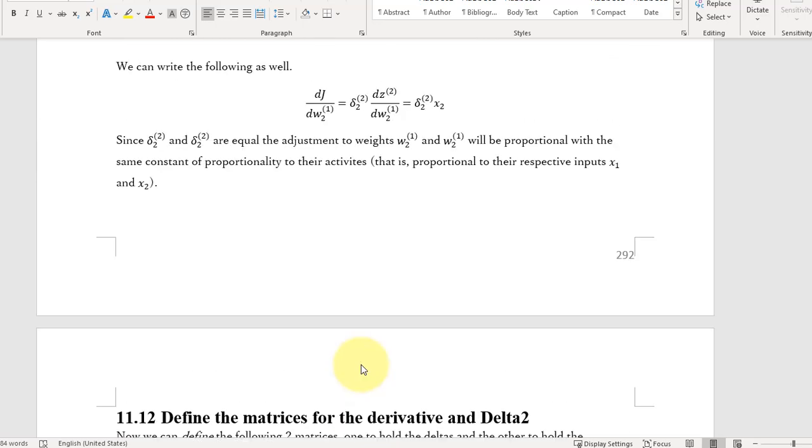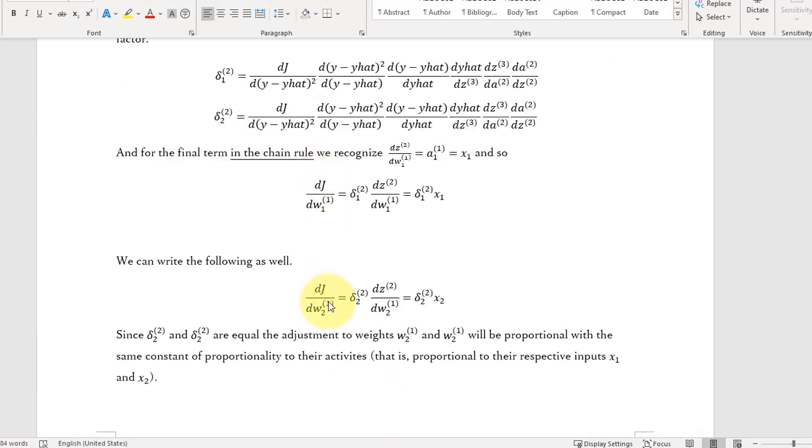If we want to express these two equations, they have a very similar form. We can say this one is this times that, and this one is this times that. And we put these two into a matrix, and we put these two into a matrix.